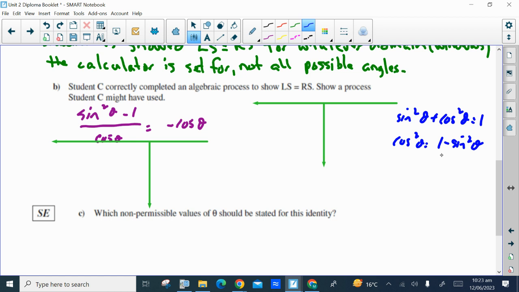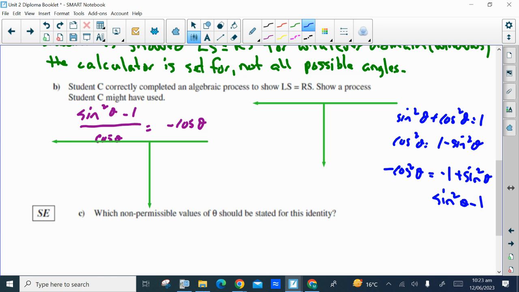Now, on the right side, it says 1 minus sine squared theta, which is actually the opposite of sine squared theta minus 1. Because here, the sine squared theta is positive, over here it's negative. Here, the 1 is negative, over here it's positive. But if we multiply both sides by negative 1 here, we'll get negative cos squared theta equaling negative 1 plus sine squared theta, which is the same thing as sine squared theta minus 1.